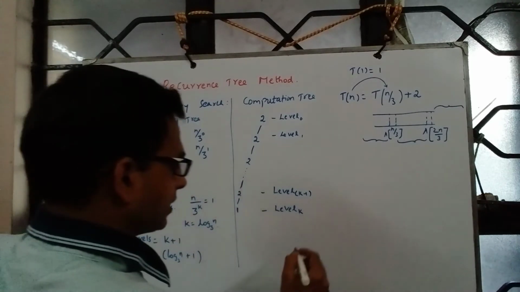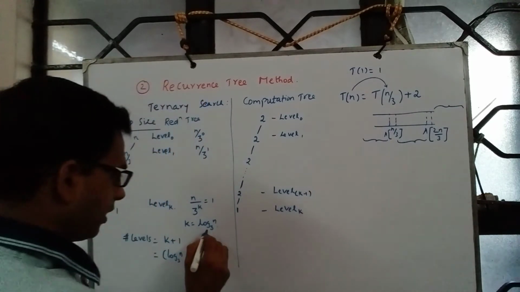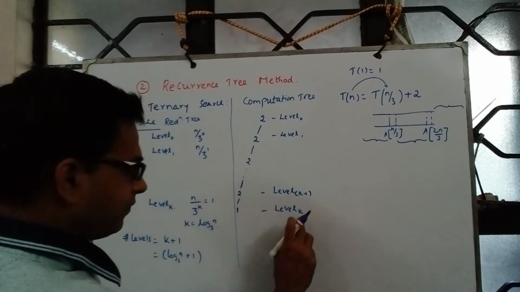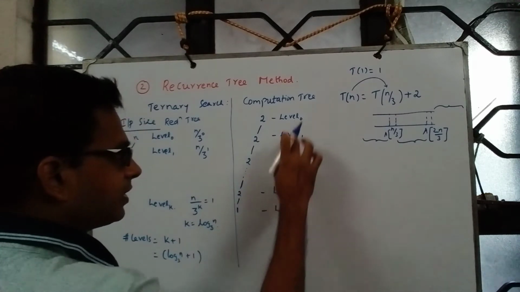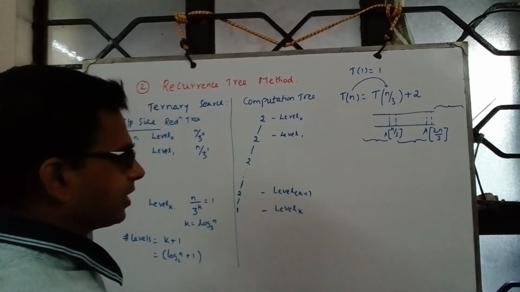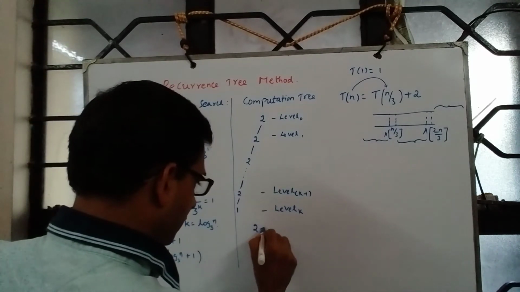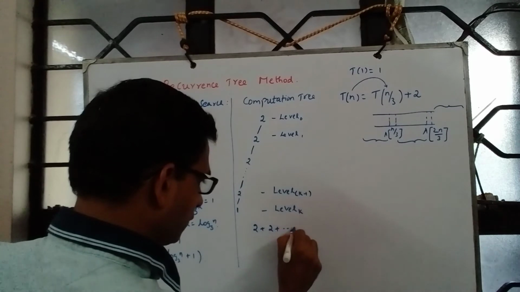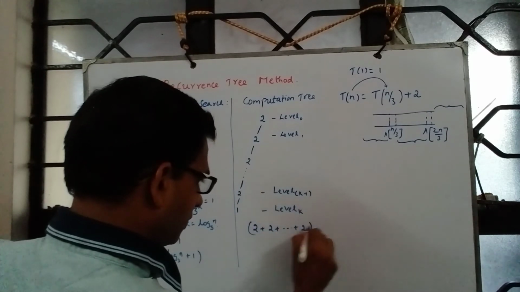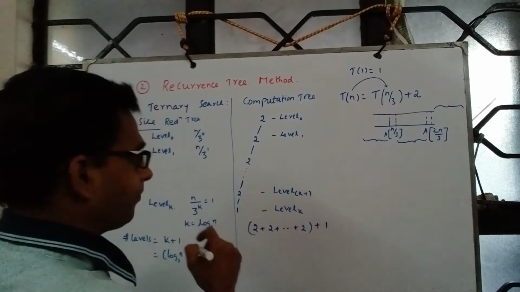So at level log n base 3, we incur one comparison. At all other levels, we incur two comparisons, which means 2 plus 2 plus 2 plus 1.